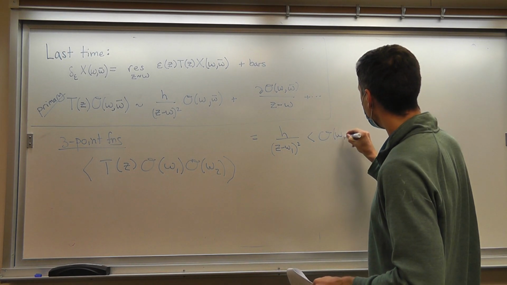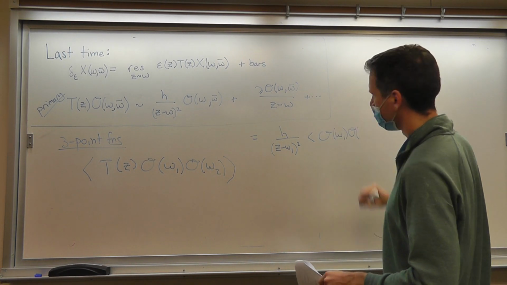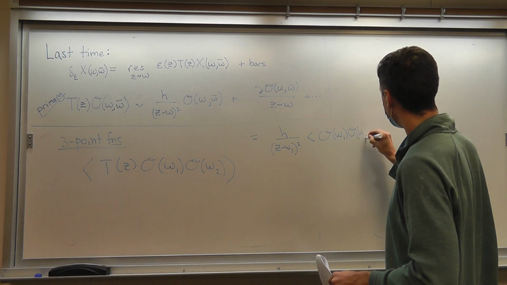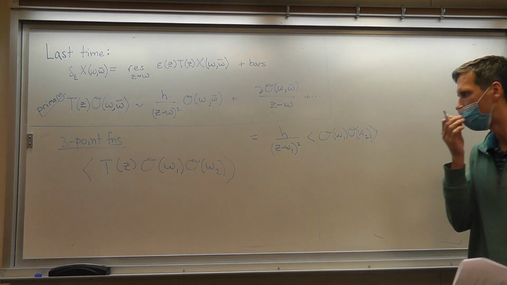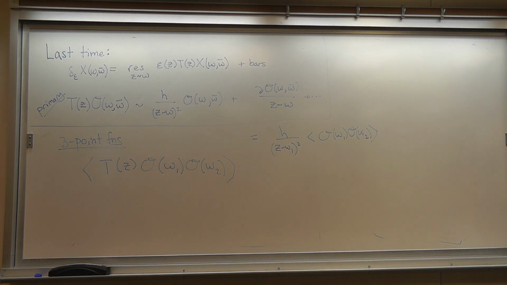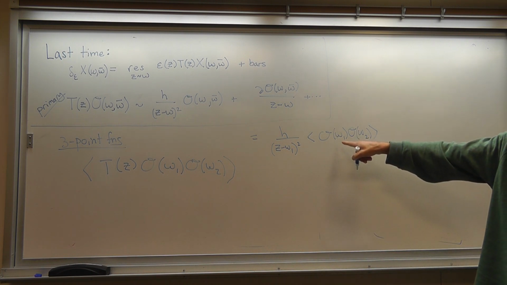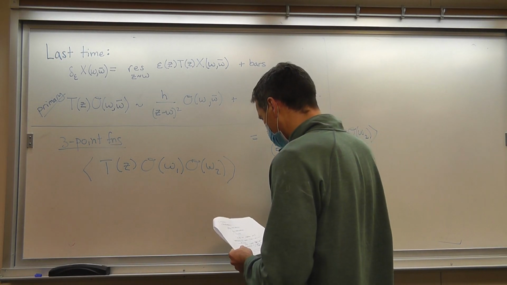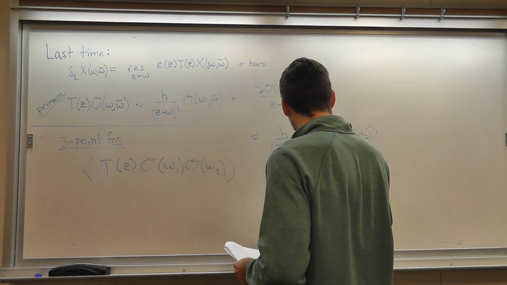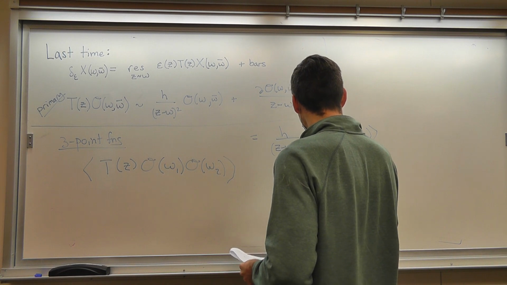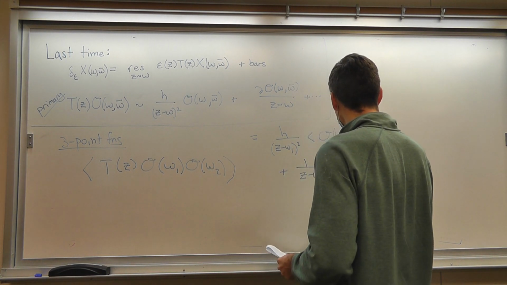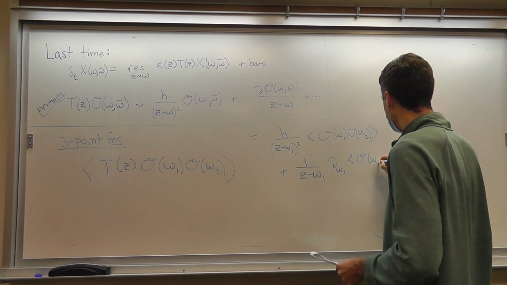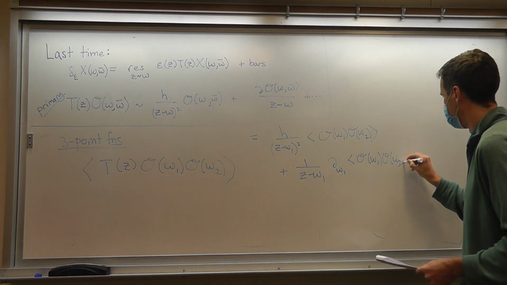So there's O of w1. I'm going to stop writing the w bars, but these are not holomorphic operators. They also depend on w bar. Okay, so we get this. This is the leading singularity for z near w1. Then we get the subleading singularity, which is 1 over (z minus w1), dw1 O of w1, O of w2.